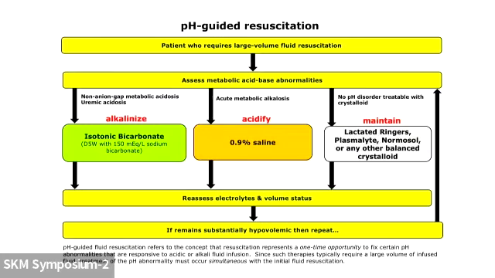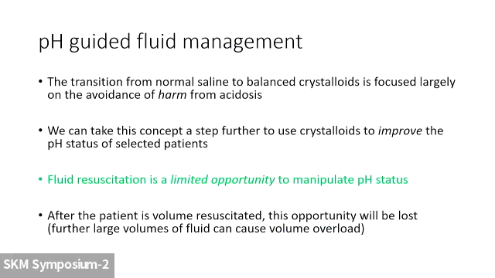If the patient is alkalotic, they recommend using normal saline because it would balance the pH. And if the patient is already in metabolic acidosis, then they recommend using isotonic bicarbonate. So fluid resuscitation is also a chance to optimize pH. With this concept, you can decide between normal saline and lactate.